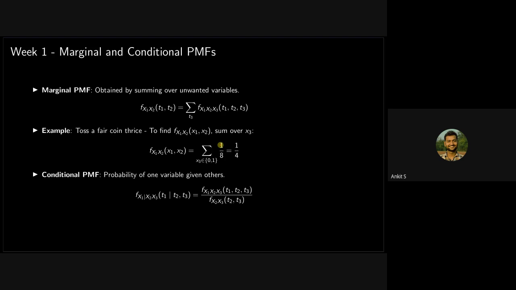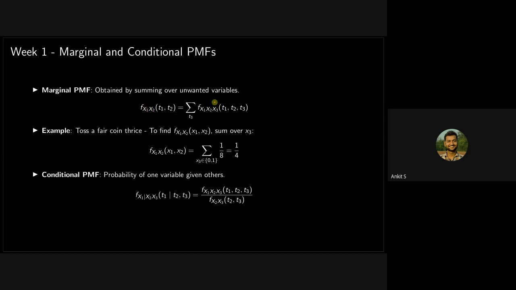Now, how do you calculate marginal and conditional PMFs? A similar thing is happening here also. When you find the marginal PMF, you are focusing on a subset of the random variables. For example, if you have three random variables, you are focusing on the probability of a subset of them.